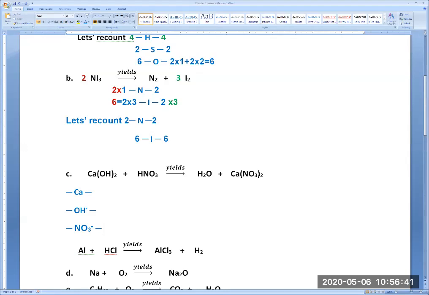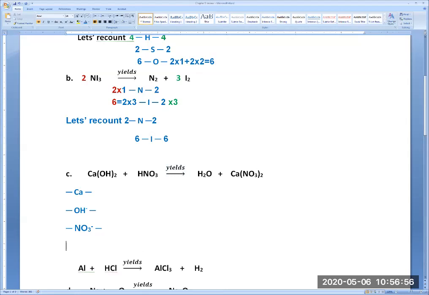And then if you look on the left side here, we have Ca, we have OH, we have NO3, and what is with NO3 on the left side here is H. So that means you will need to count hydrogen also by itself. Okay, so then this should cover every type of element.